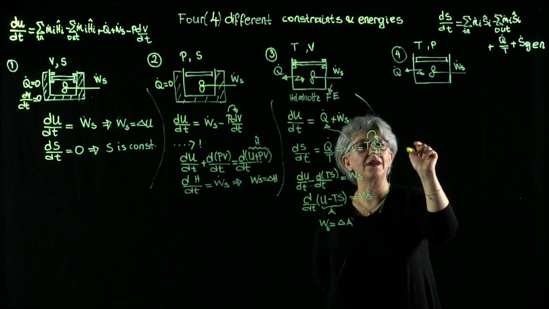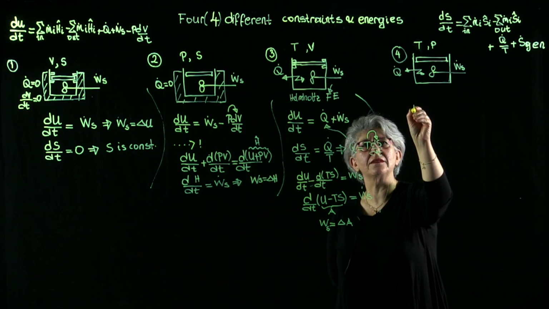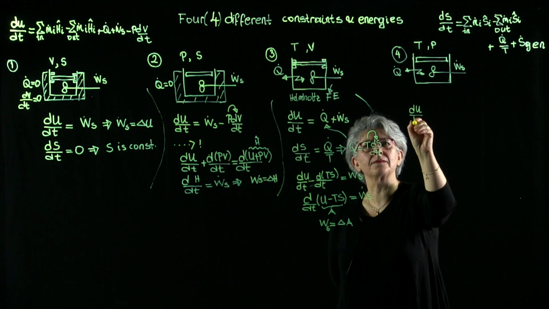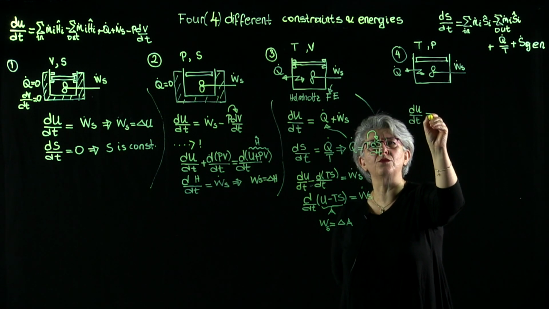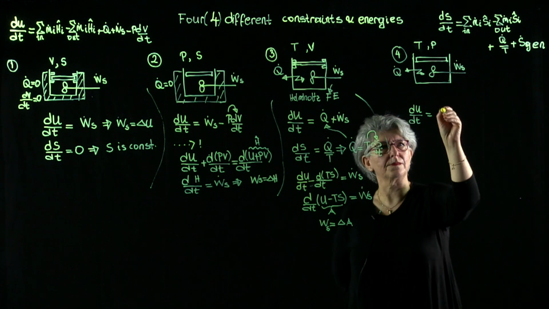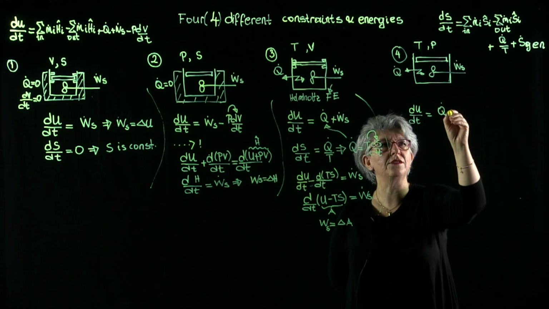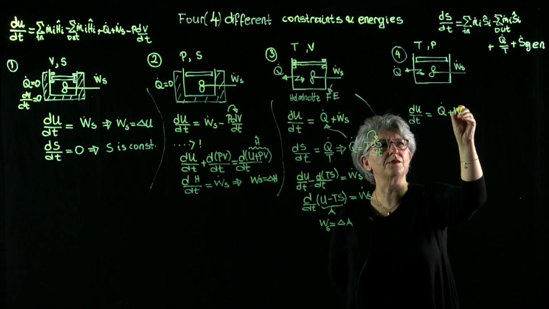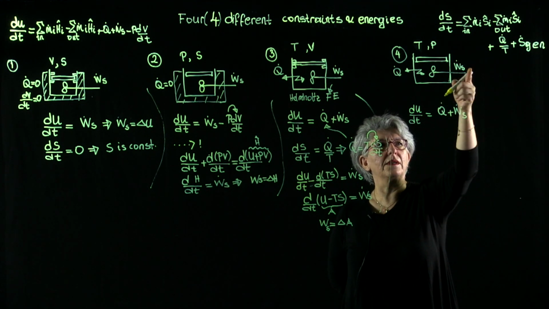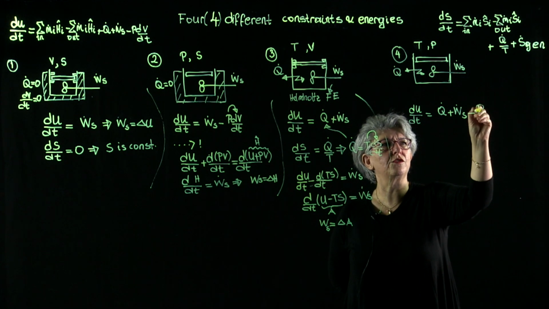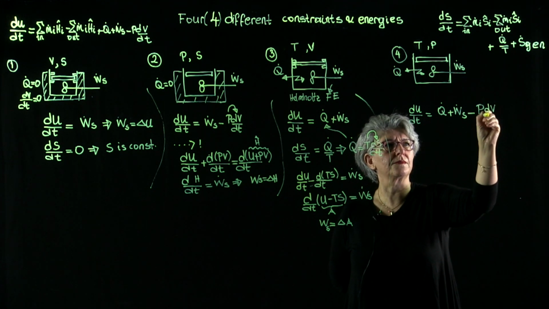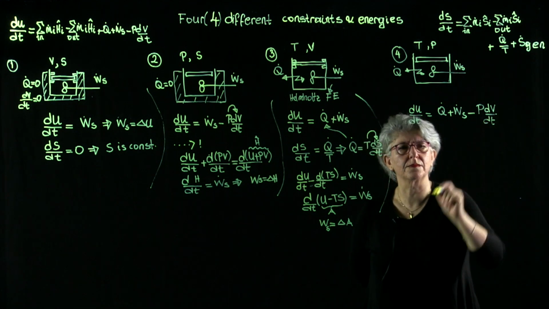Again, let's write the energy balance, du over dt, is equal to Q. Now I have heat exchange, shaft work, and I have surface boundary movement. Okay?